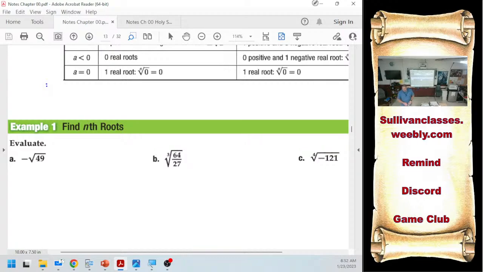Okay. It is a cube root, yes. Yeah, it's kind of tiny. Good.